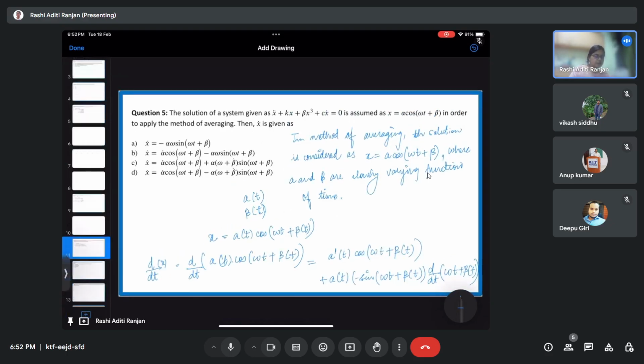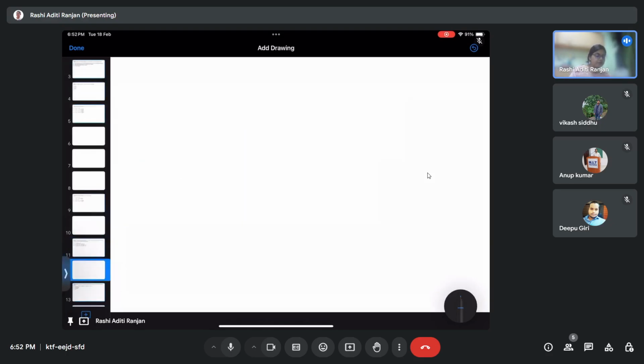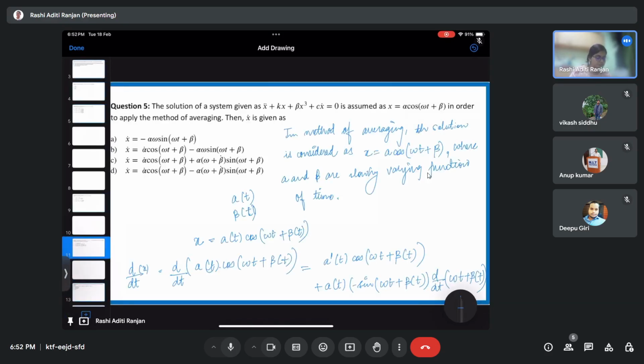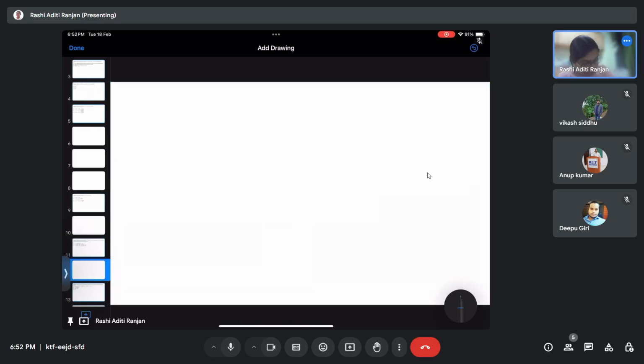Correct? So I can further write it as, let me see first. I will take the minus outside. I will take the d by dt inside. So I'm going to have d by dt of omega t and d by dt of beta of t.